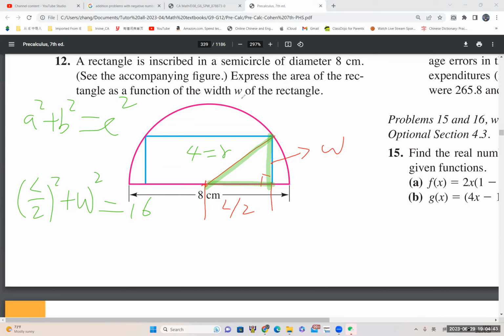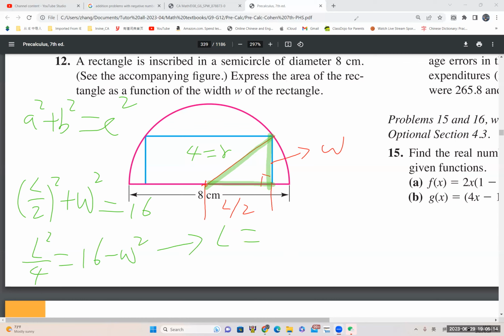Now let's solve it. We have L squared over 4 equals 16 minus W squared. So L is the square root of 4 times 16, so 64 minus 4W squared. We can keep the 2 outside the square root symbol.